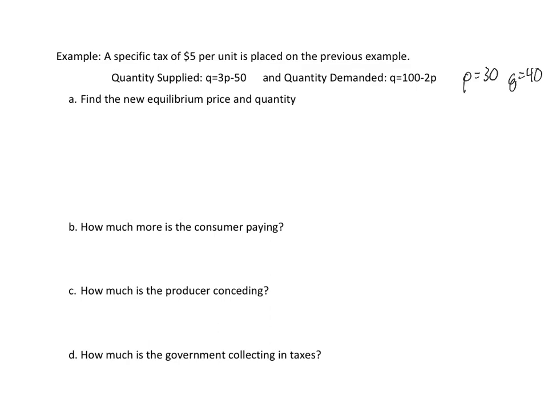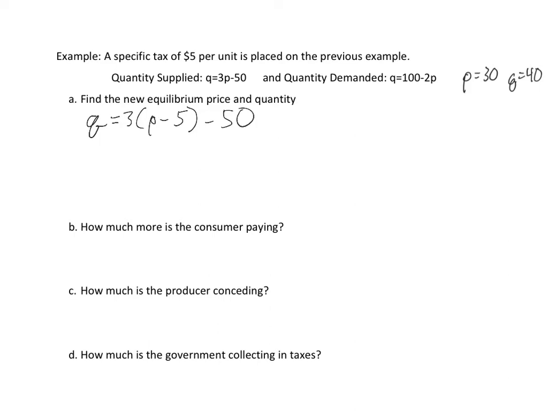As we previously discussed, the $5 is not going to affect our quantity demanded, but it is going to affect our quantity supplied. So here the price is actually going to be reduced by $5 for our supplier. So Q will equal 3 times whatever price they sell it at minus 5. So what I've done here is I've replaced P with P minus 5.